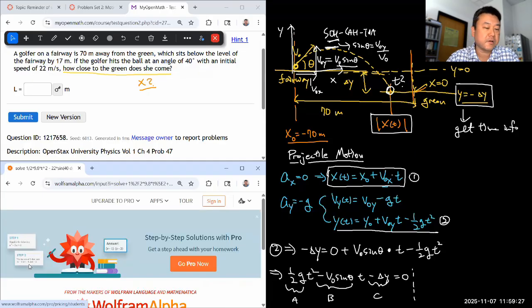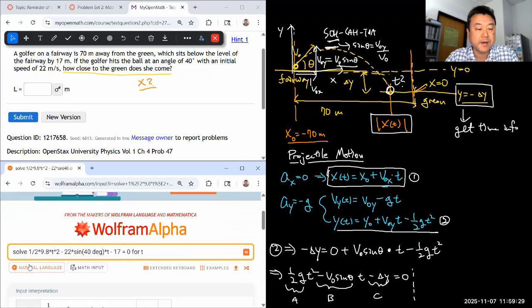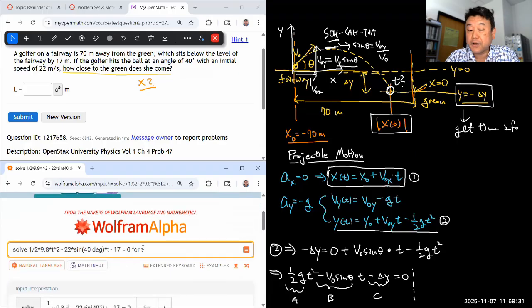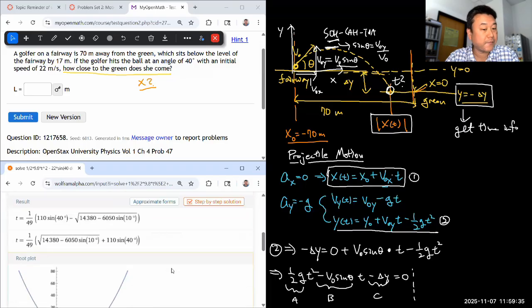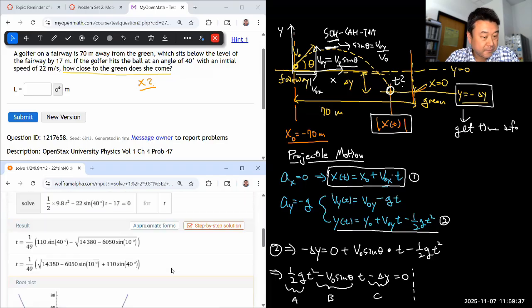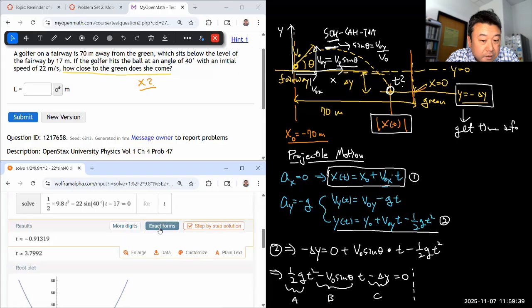Wolfram Alpha does some level of natural language processing, some level of computer algebra system stuff, so it'll understand that and solve it for you. And let's do approximate forms.